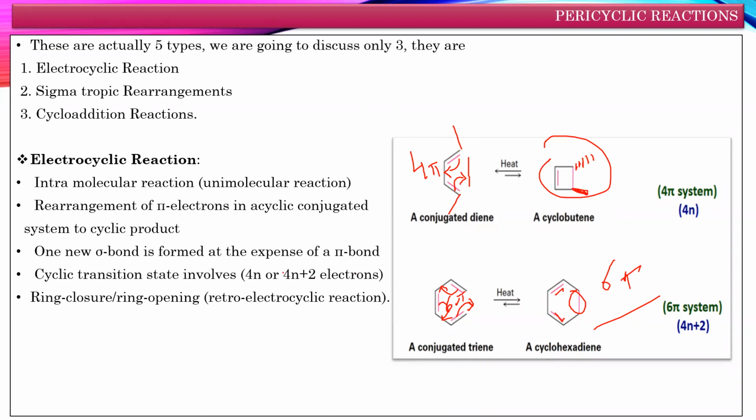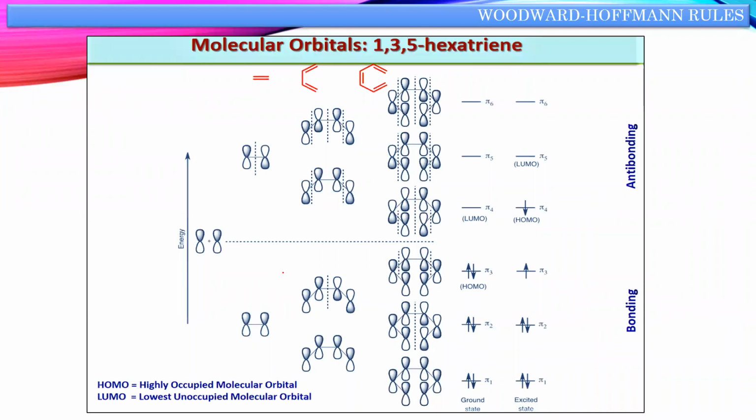I have a simple trick. By going through that trick, you will get to the topic. These are called Woodward-Hoffmann rules. It is better to remember the molecular orbital theory of each pi electron system. 2 pi electrons have 2 orbitals, bonding and anti-bonding. 4 pi electrons have 4 molecular orbitals, 2 bonding and 2 anti-bonding, right? And the 6 pi electron system has 3 bonding and 3 anti-bonding.